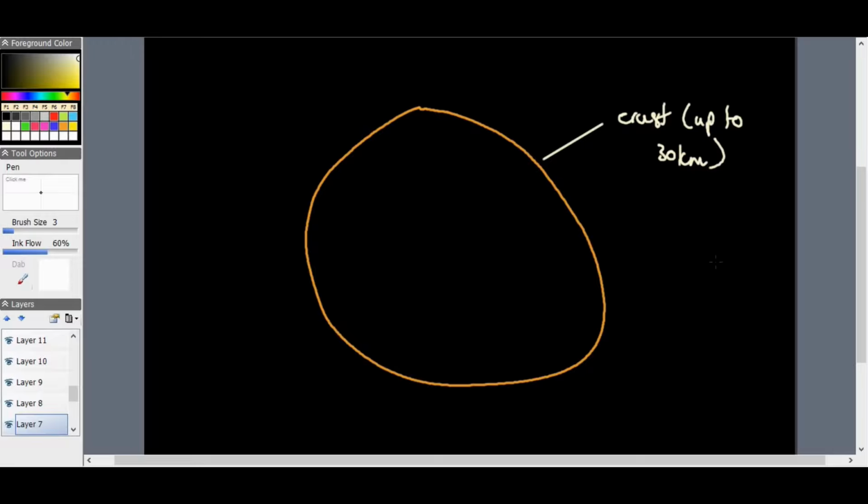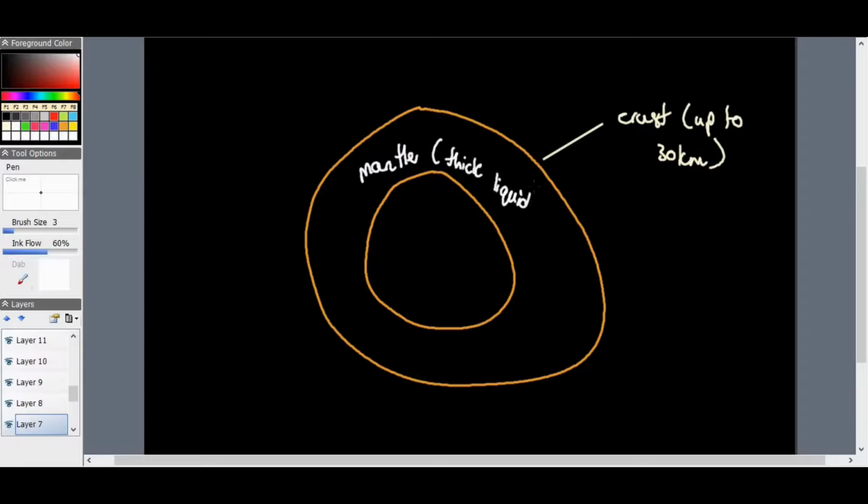Then we've got the inner layer, so I'm going to draw another circle here. Here we've got something called the mantle. Now, the mantle is thick liquid. Then we've got another circle, the liquid outer core.